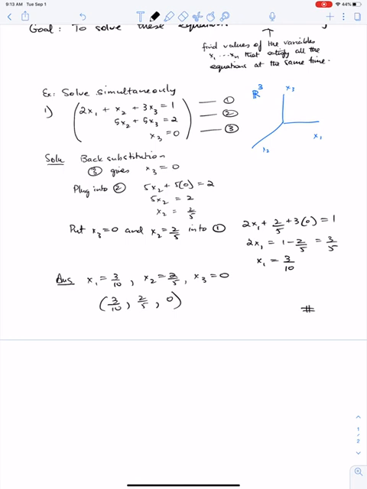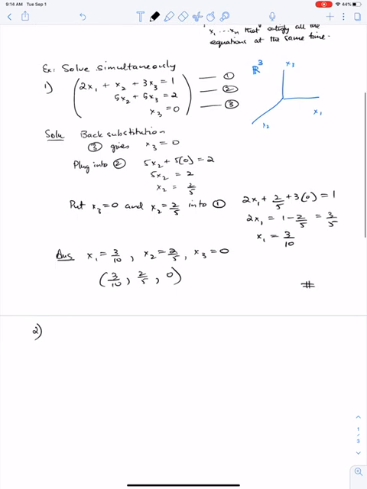Now a second exercise is what illustrates the Gaussian elimination algorithm. We'll prove it later. Today we just want to get the mechanics down.